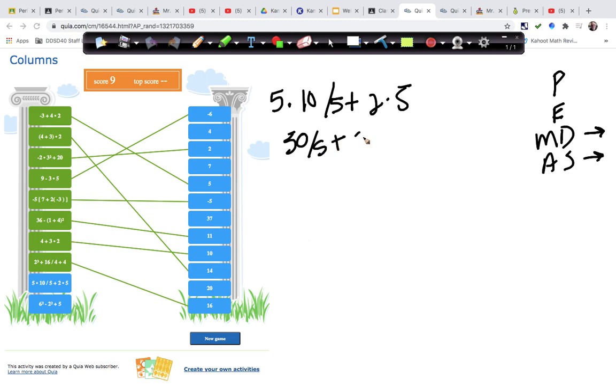Notice how I just write everything back out. I just copy it down and then keep going left to right. 50 divided by 5 is 10, plus 2 times 5. Don't try to combine steps yet. In the future, you can combine steps sometimes and save yourself some steps, but right now let's just make it look like a nice funnel from outside down to an answer.